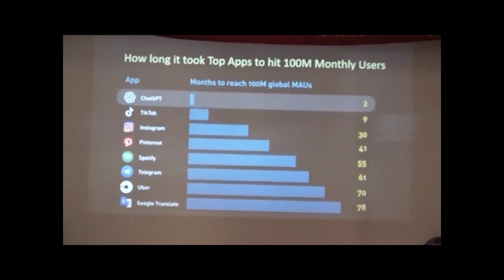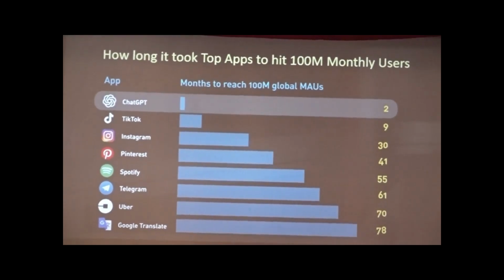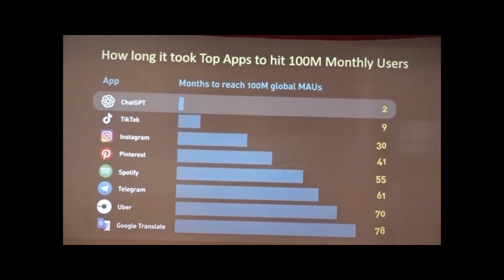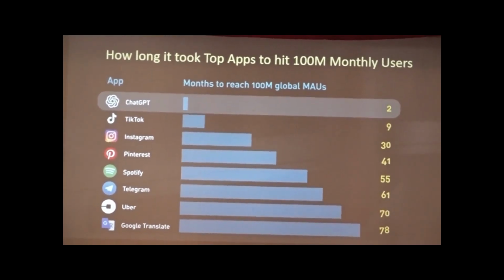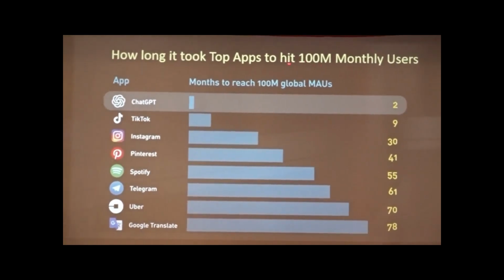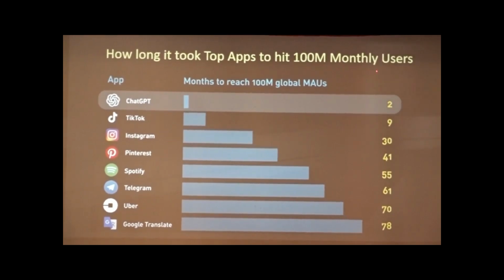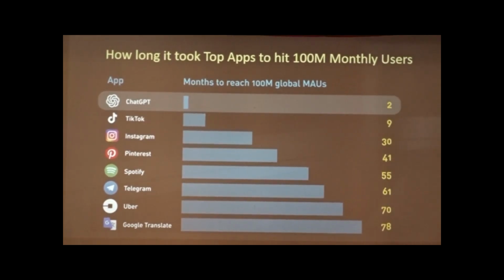If you are releasing a new app, obviously you will look at how it became this popular. What is the popularity it gained? ChatGPT hit the milestone of 100 million monthly users within a period of 2 months.